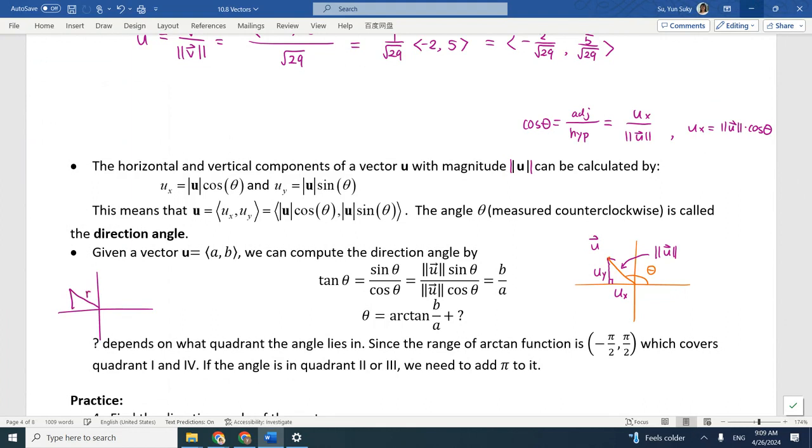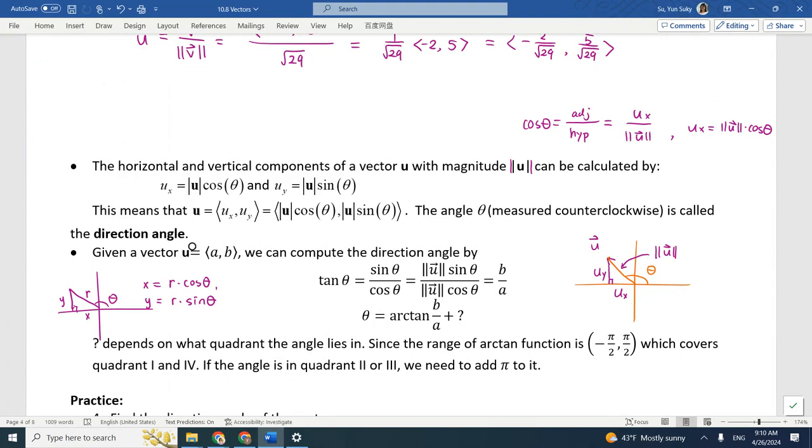This picture is similar to what we had before. If you can remember, we called this R, this X, and this Y. Remember the unit circle: X is R cosine theta, and Y is R sine theta. In this case, we have a similar picture where our r is like the magnitude of u, our x is like the ux equivalent, and the y is like the uy.